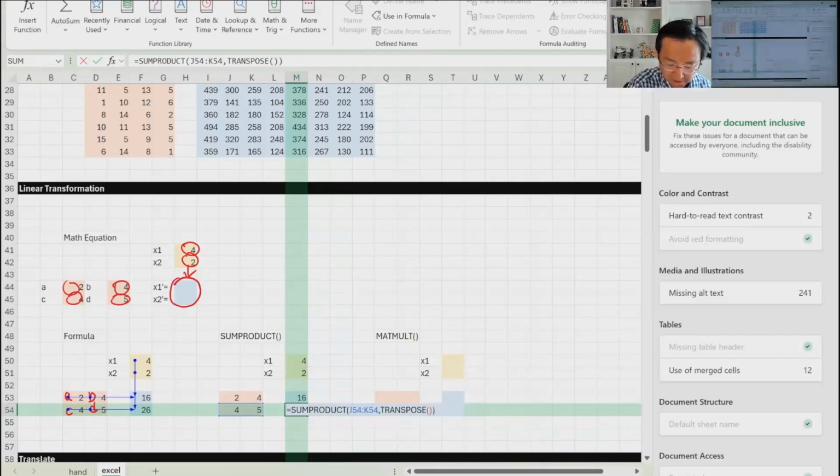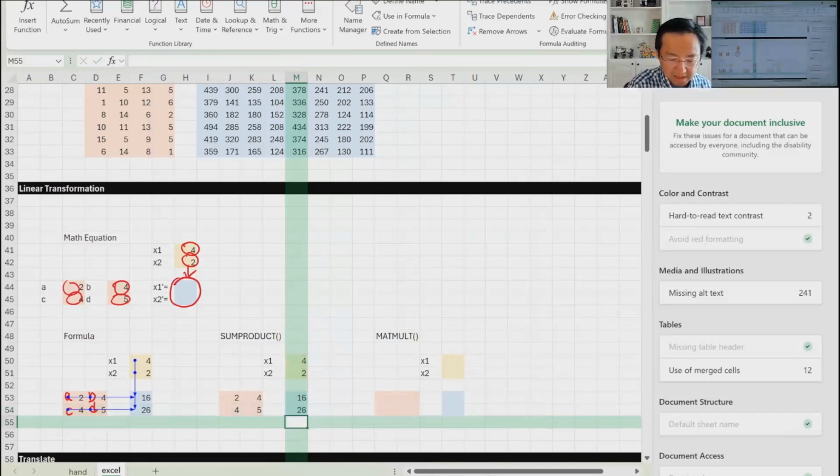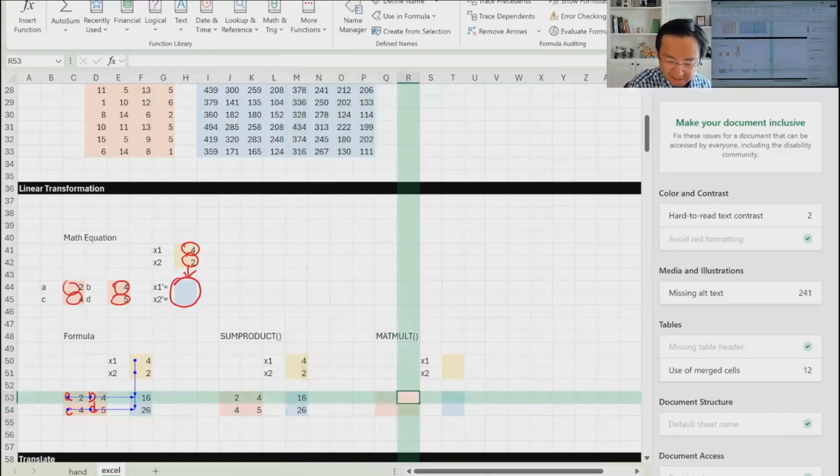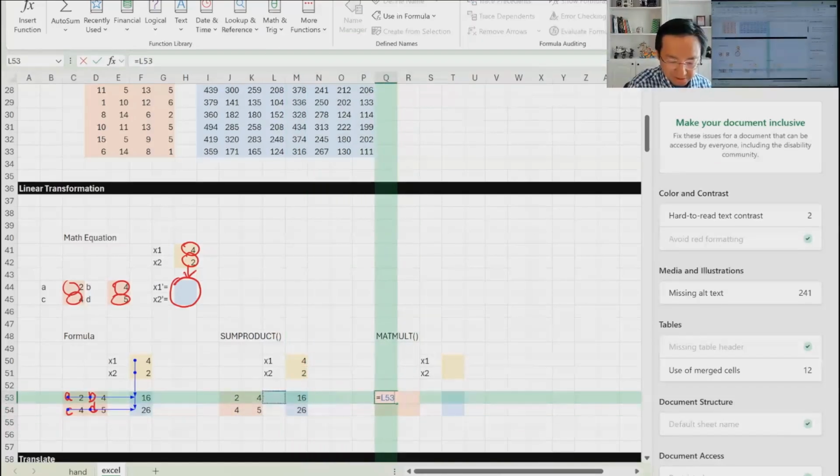How do I do this? Okay, anyway, let me redo this. SUMPRODUCT of these two and then transpose. Actually, I do the transpose first. Transpose of these two. Okay, and they get the same number, right? And lastly, I just do matrix multiplication to accomplish exactly the same thing.